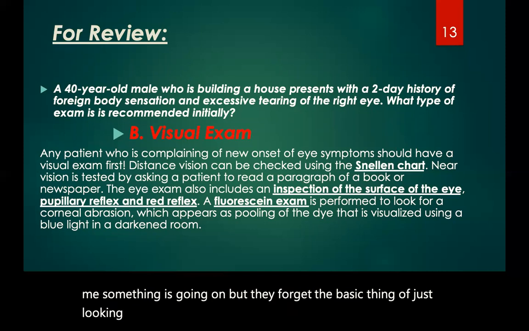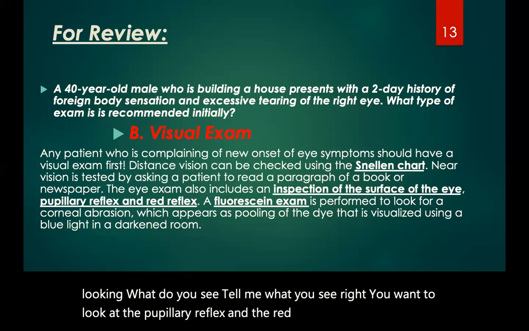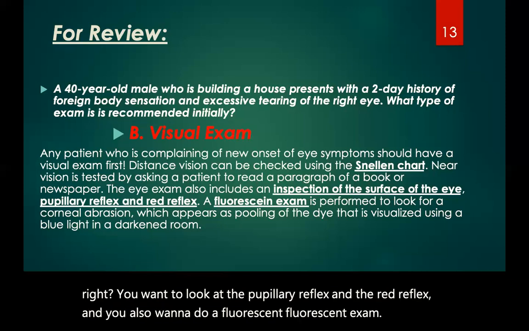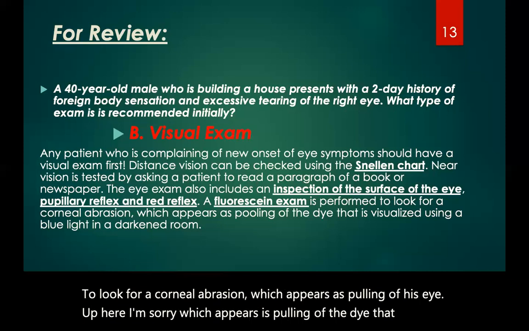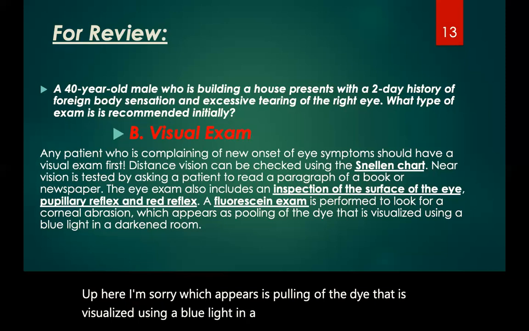What do you see? Tell me what you see, right? You want to look at the pupillary reflex and the red reflex. And you also want to do a fluorescent exam to look for a corneal abrasion, which appears as pooling of the dye that is visualized using a blue light in a darkened room.